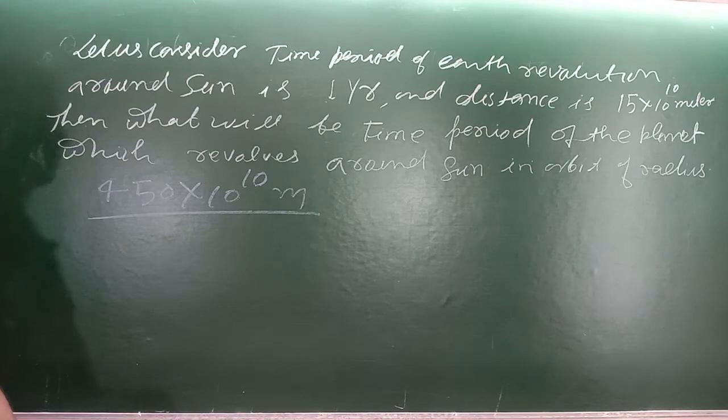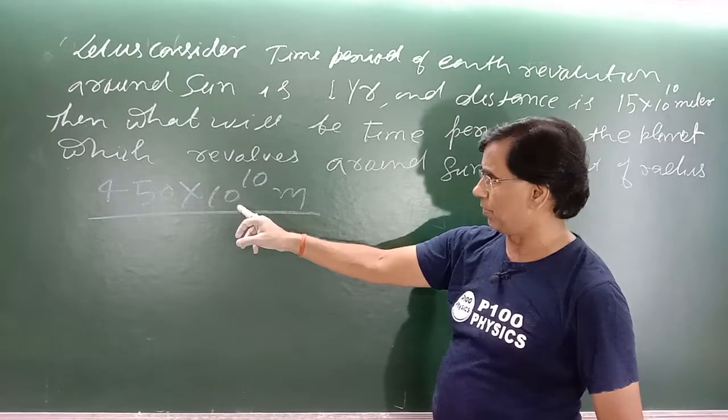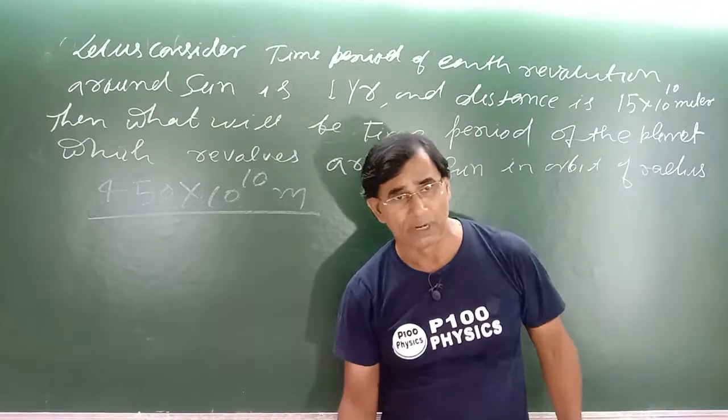That radius becomes 30 times, 4 into 15 into 10 to the power 10 meters. Then what will be the time period?